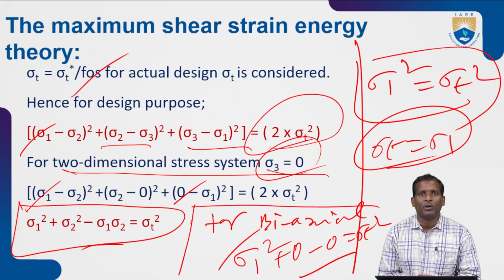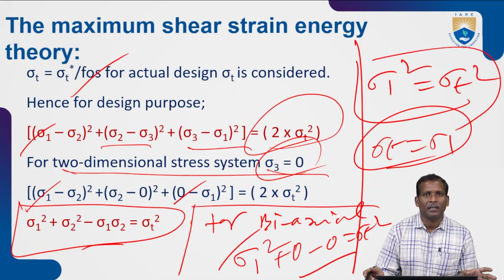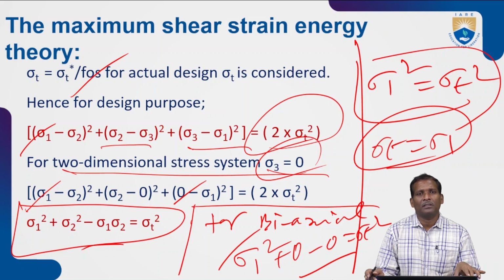These theories are very important while designing a component. Whenever you want to design a mechanical component in mechanical engineering, you should use these theories, according to the material and the type of loading.